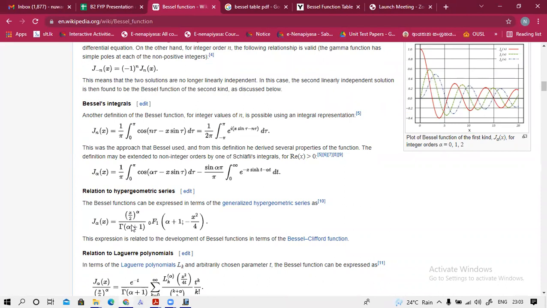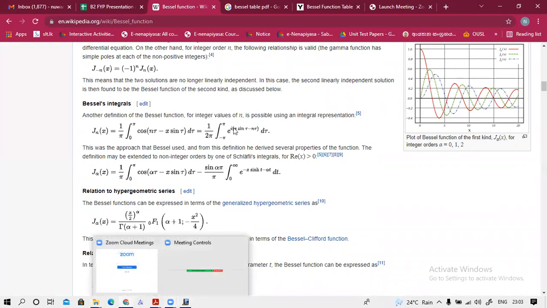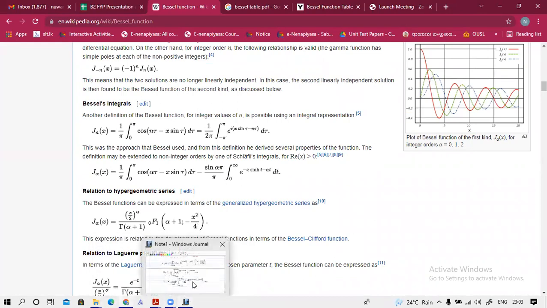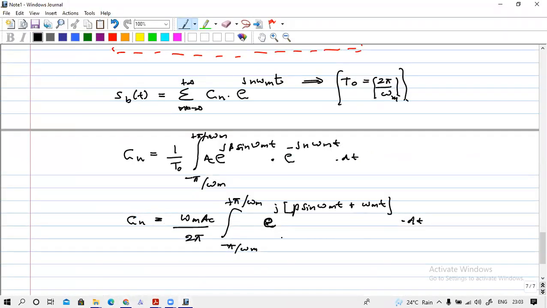J_n(x) is equal to 1 by 2 pi, integral from minus pi to plus pi of e to the power j (x sine tau minus n tau) d tau. You can see that it is somewhat similar to our expression e to the power j (beta sine omega m t plus n omega m t). Sorry, n is there also, so n omega m t.